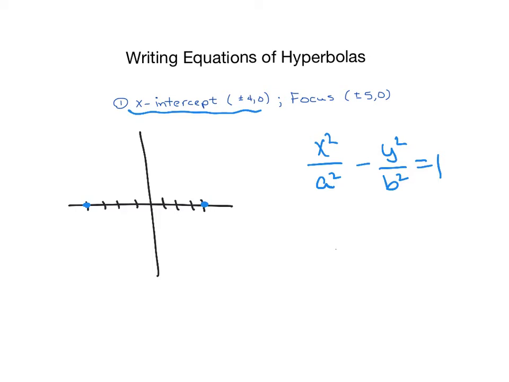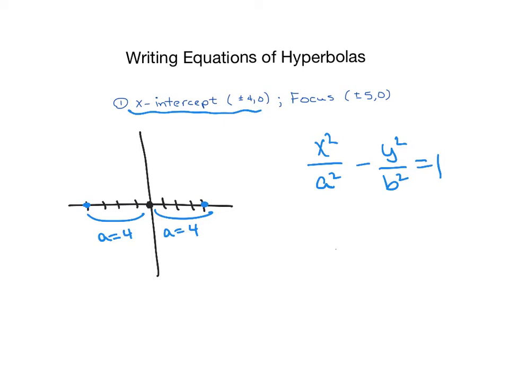Notice here, my center will be the origin. The way that I can tell that is that the distance from the center to each of the vertices is 4. It is also the midpoint between the two vertices, which happen to also be my x-intercepts.